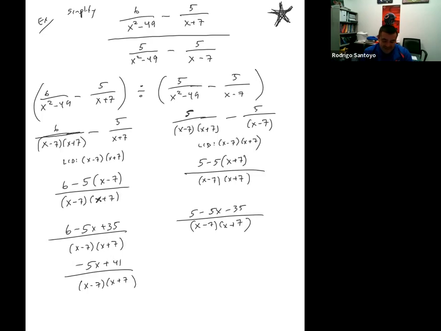And we're simplifying the top. The negative 5x minus 30 over x minus 7, x plus 7. Remember, we're dividing these two.